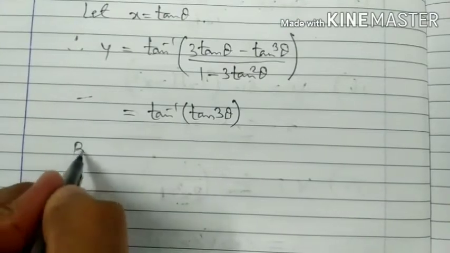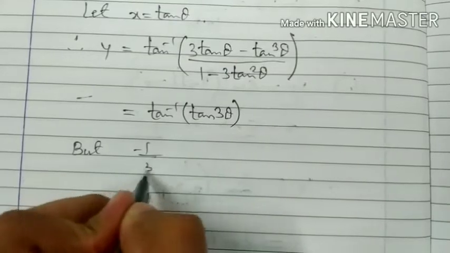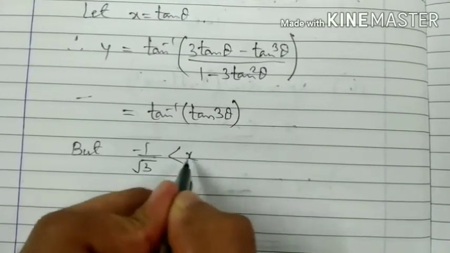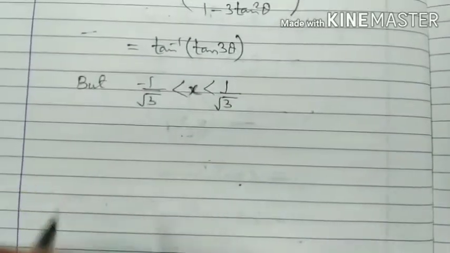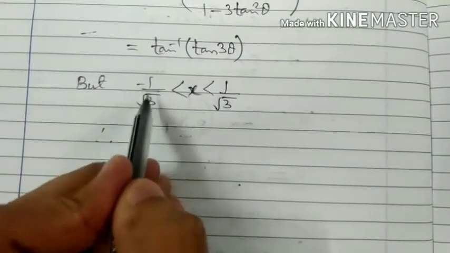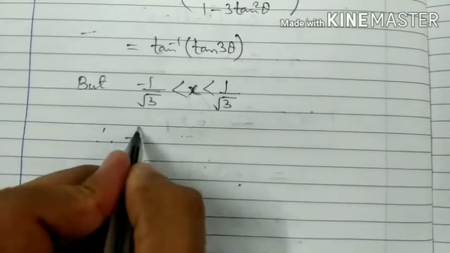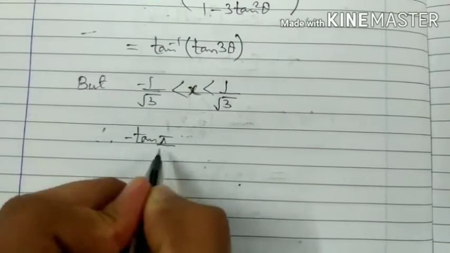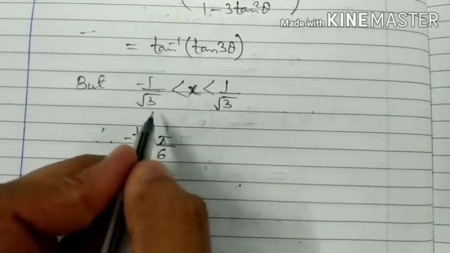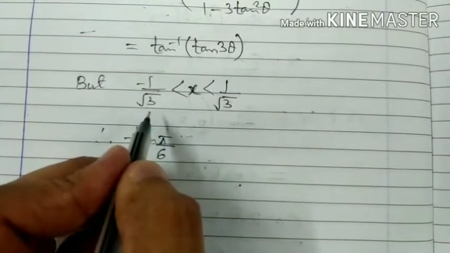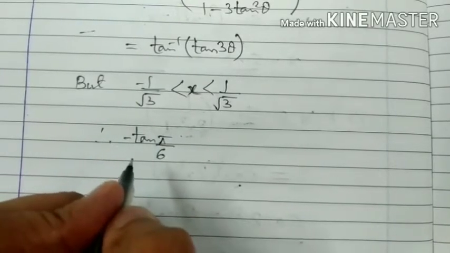Let's follow it. So minus 1 upon root 3 less than x less than 1 upon root 3. This is given condition. Now we know that value of tan pi by 6 is 1 upon root 3. So for minus 1 upon root 3 we can write minus tan pi by 6.